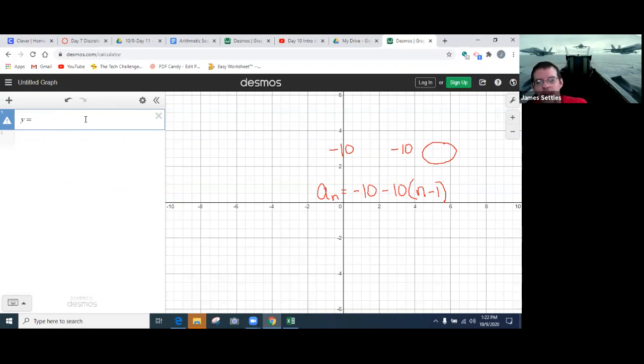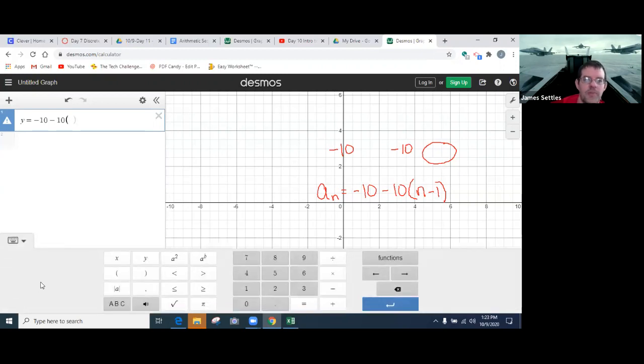And then we got minus 10, parentheses. And if you don't know how to get parentheses using your keyboard, then there's a keyboard down at the bottom left that you can click and it will have parentheses for you. And then x minus 1.